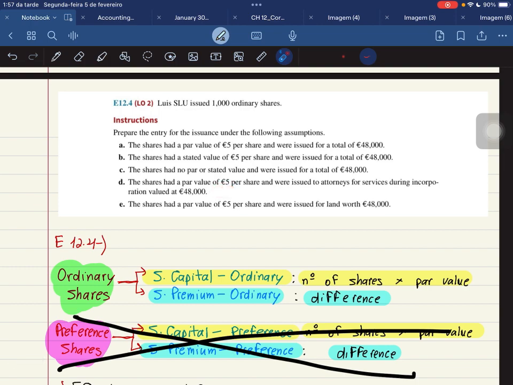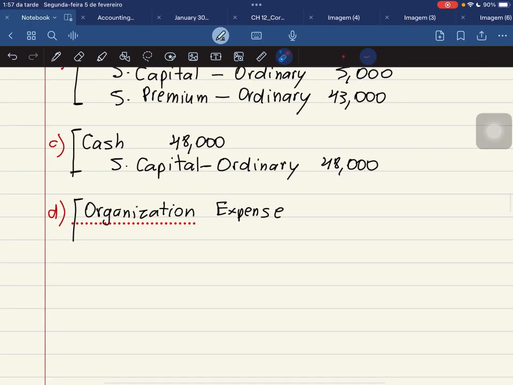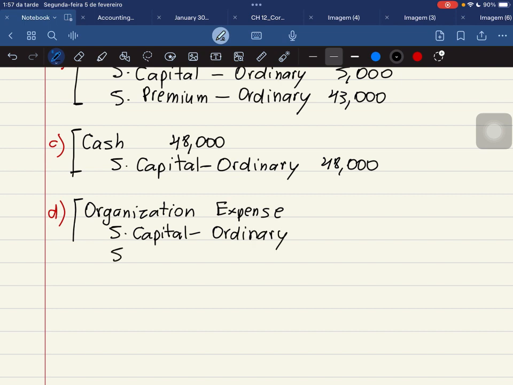And in our case over here, they also gave us a number, right? They gave us a 5, so we're actually going to have both accounts as well. So over here we are going to have share capital ordinary. All of the accounts here are ordinary, right? Because we're issuing ordinary shares. Share premium ordinary as well.